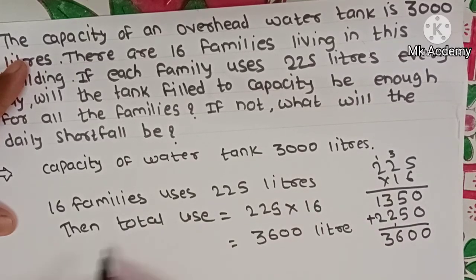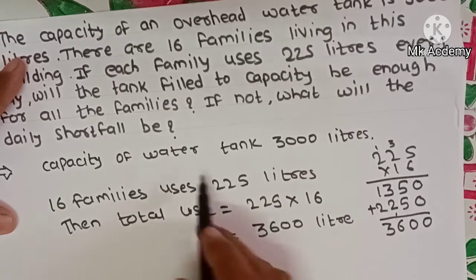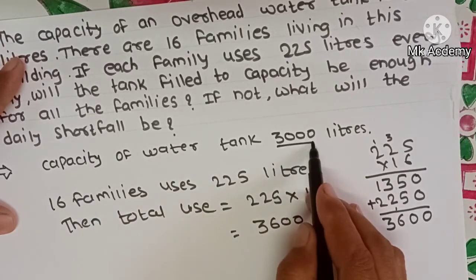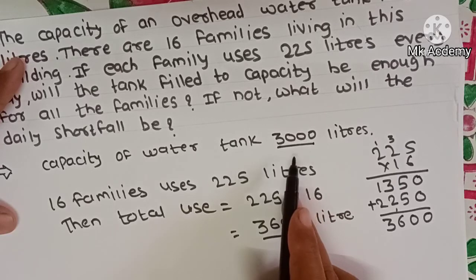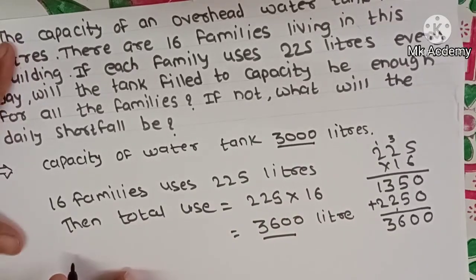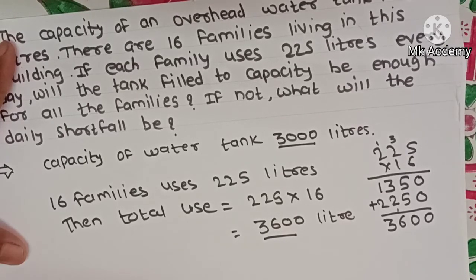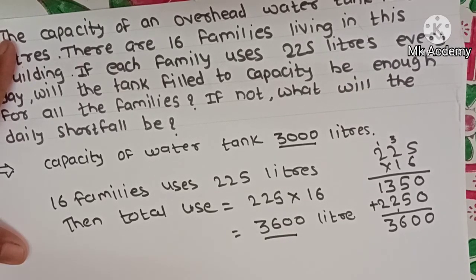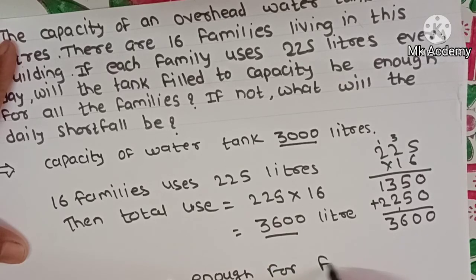Now means the total use of water is 3600 liters and the capacity of the water tank is 3000 liters. Means the use is more than the capacity of the tank. Is the tank filled to capacity enough for the families? No, it is not enough for the families.